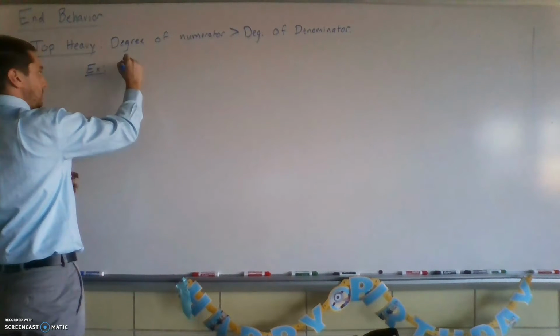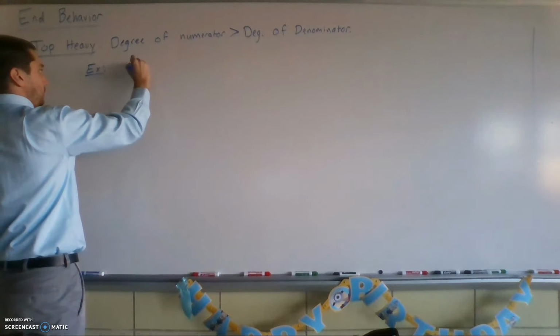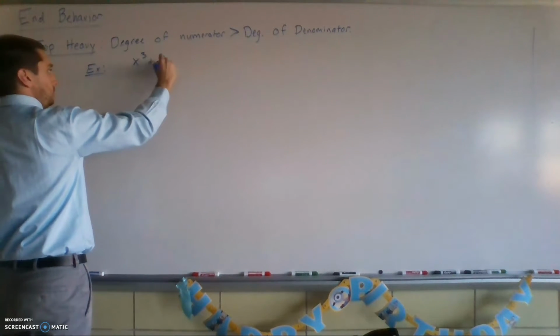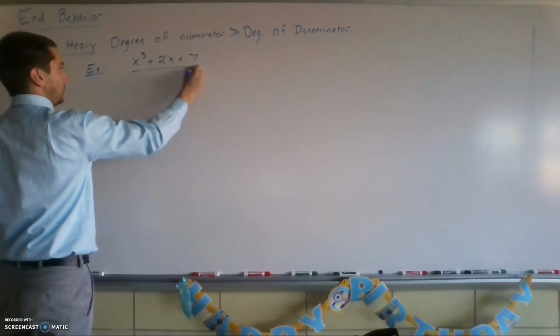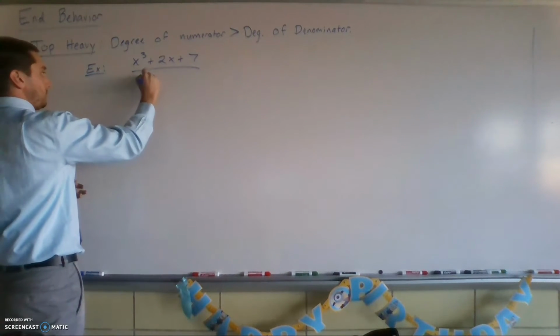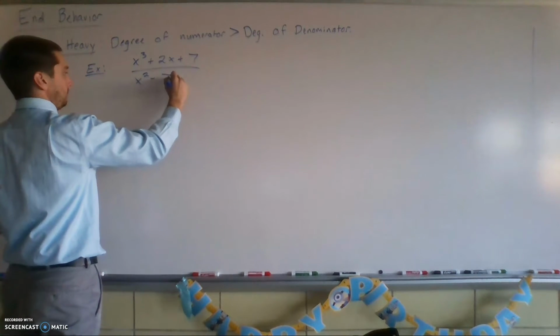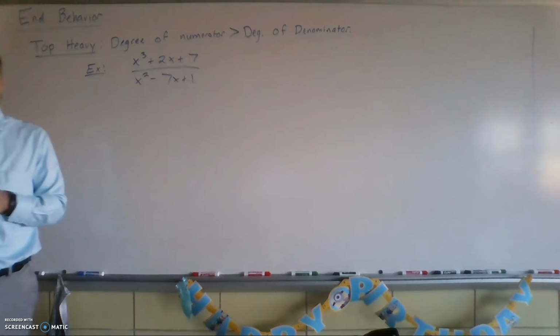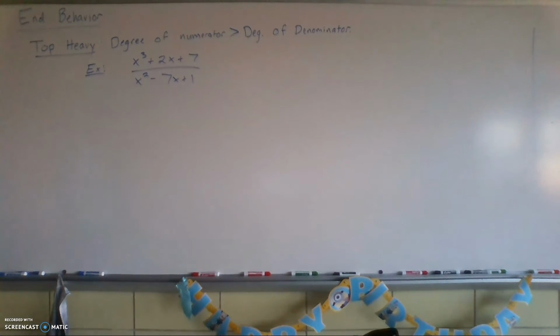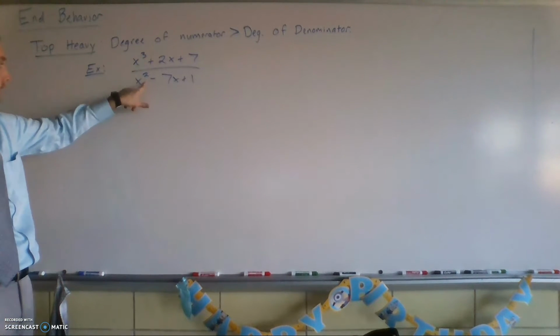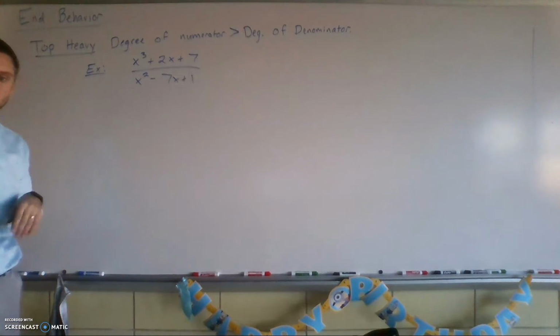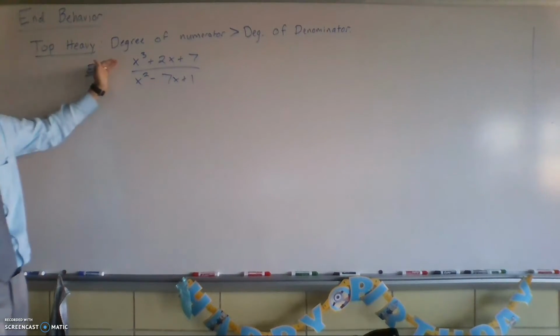So I don't know, let's try x cubed plus 2x plus 7 over x squared minus 7x plus 1. Okay, so first of all, how do I know that this is top-heavy? Well, I know that this is top-heavy because the degree of the top is 3, it's a third degree. The degree of the bottom is 2, second-degree polynomial. And so this is a top-heavy function.